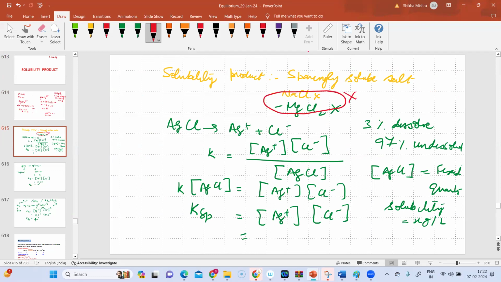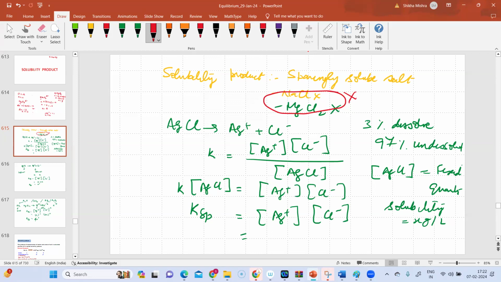In the last class also, we discussed that the substances which are said to be weak compounds, acids or bases, dissociate to a maximum of 3%. Similarly, you have a compound named silver chloride. It dissociates maximum to 3%. That is why we say it is a sparingly soluble salt.